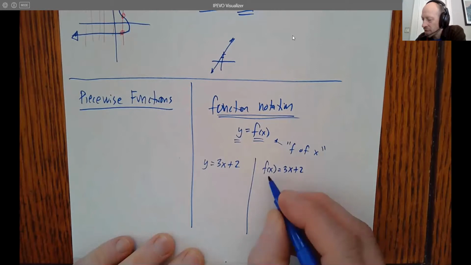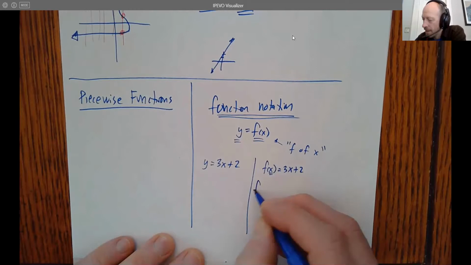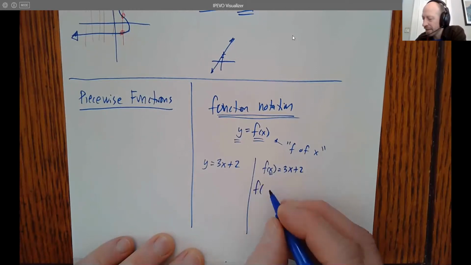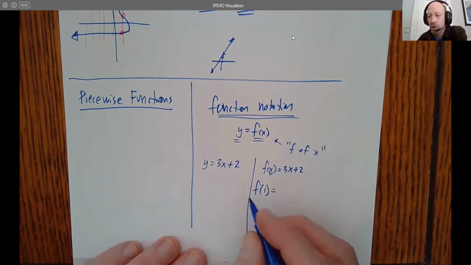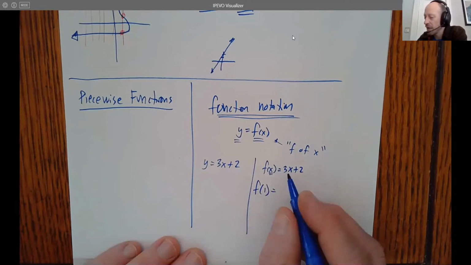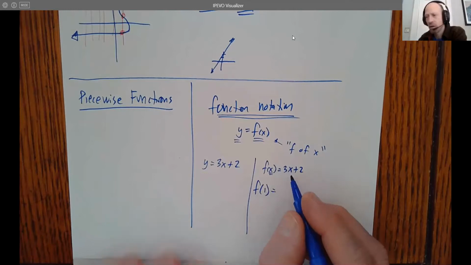So what I can do is give you an x value and compute the function at that x value. So for instance, f of 1 is saying, if the x value is 1, what is the y value? And we can do that by just plugging in the 1 here into the x.